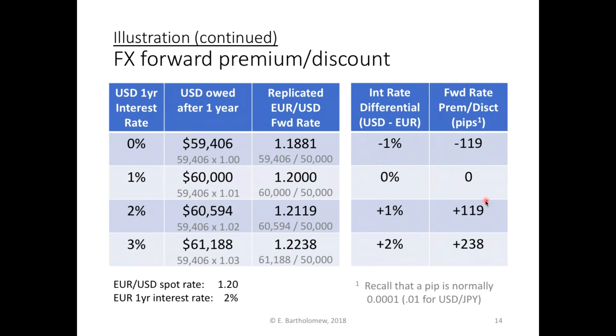Maybe easiest to see this one. This is 119 pips over 1.20. This is 0, and then this is going the other direction, minus 119 pips, and then here it's plus 238 pips. And so frequently you might see the quotes expressed just as this difference based on the interest rate differential and a difference to the spot rate.